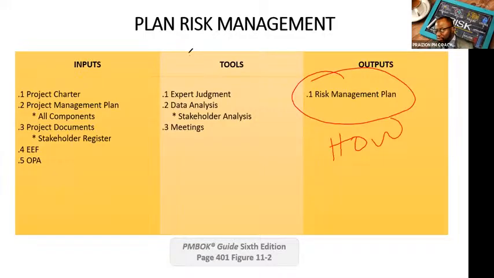What categories will we use? And to do that, we have the risk breakdown structure. I believe I spoke about this in passing a few days back. This is on page 406. So you've got a breakdown of risk: technical, management, commercial, external, for example.